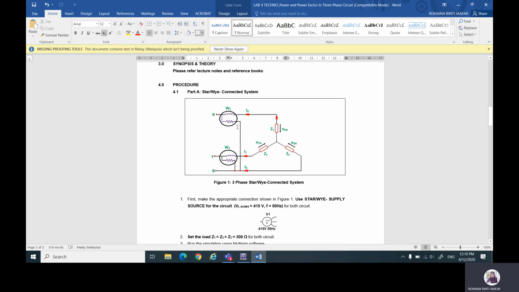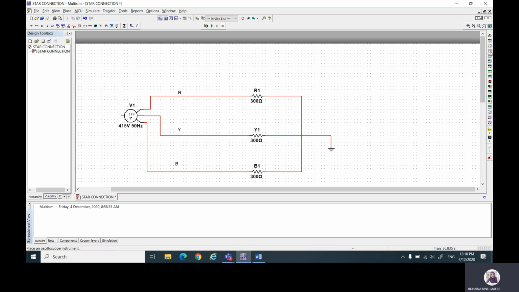Then the voltage is across the red phase and the blue phase. So this is your wattmeter 1.